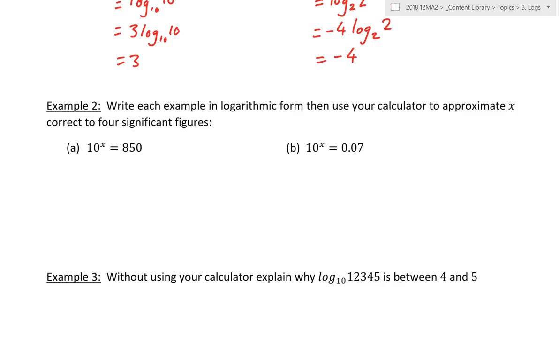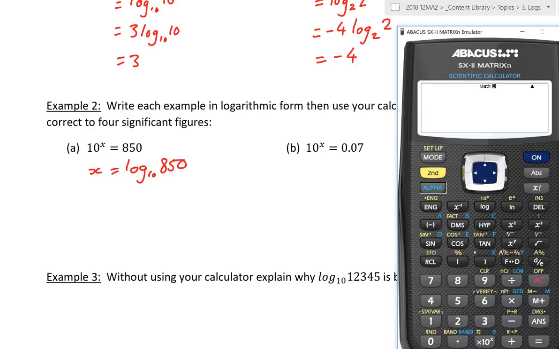Now, here it's going to ask us to use our calculator to do this. So if I take the log base 10 of both sides, I get x equals the log base 10 of 850. And I pull out my trusty calculator. Make sure everything's clear there, and I use the log button right here. That means base 10 on my calculator, log base 10 of 850.